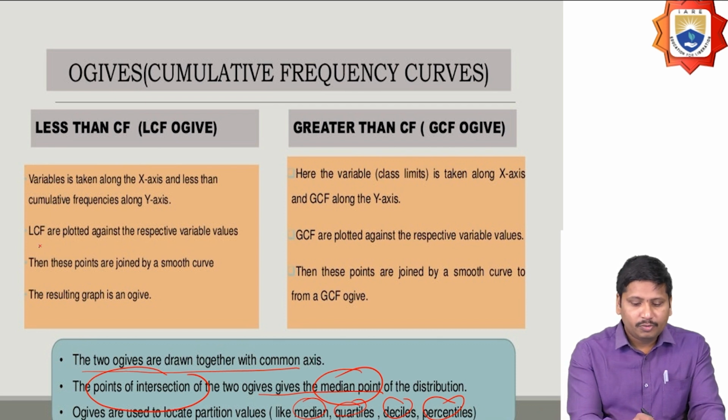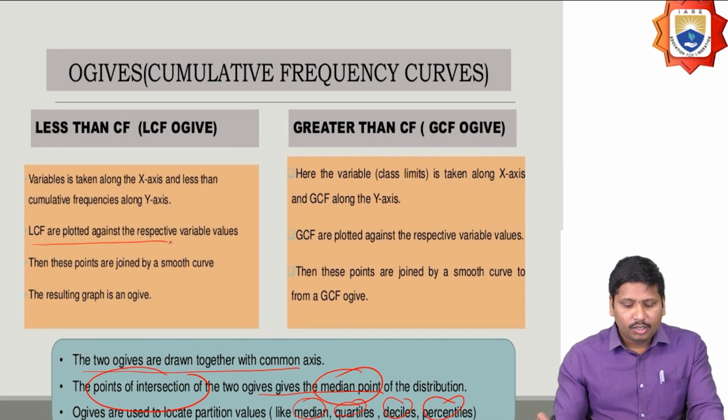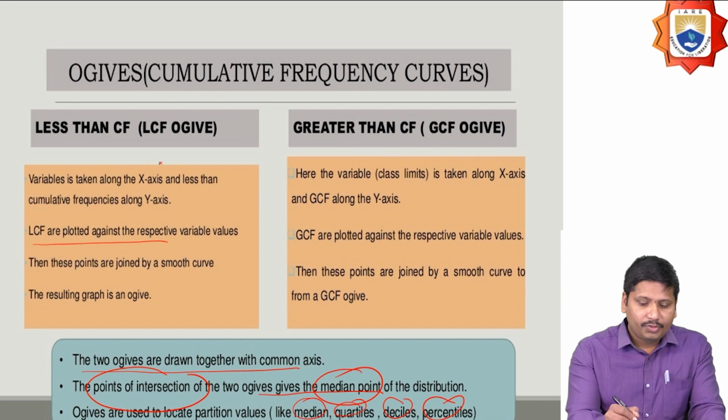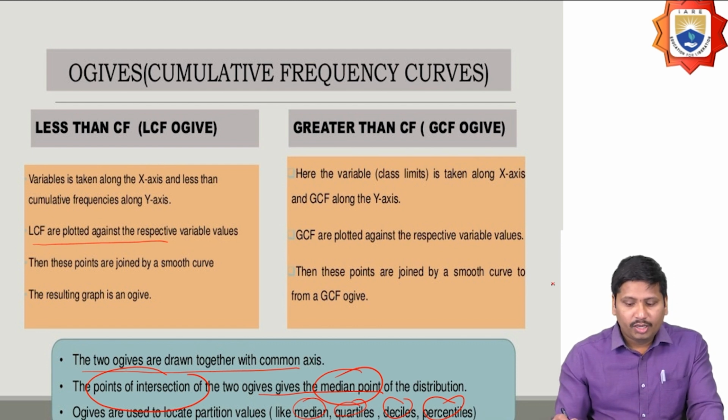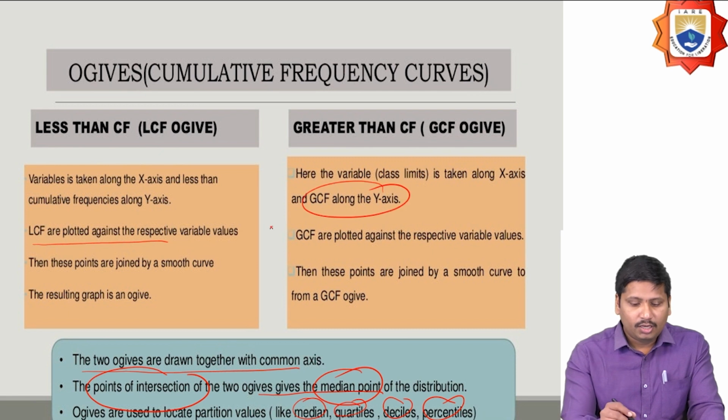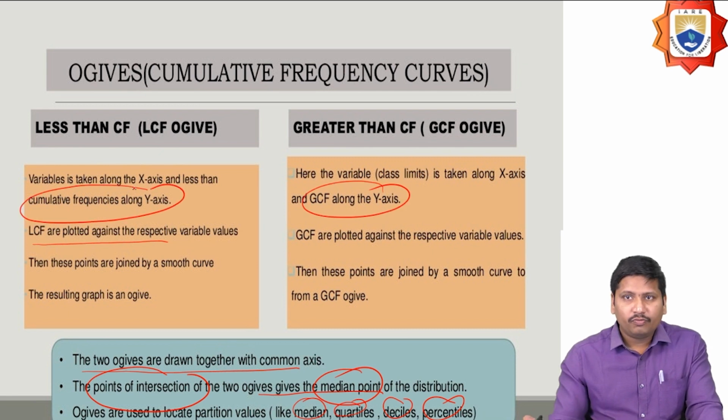Here the only difference is that the plotted points are joined by a smooth curve, and for the greater than type the greater values are taken on the y-axis, while for the less than type the cumulative frequency is taken on the y-axis. That is the only difference between the less than OGIVE and the greater than OGIVE.